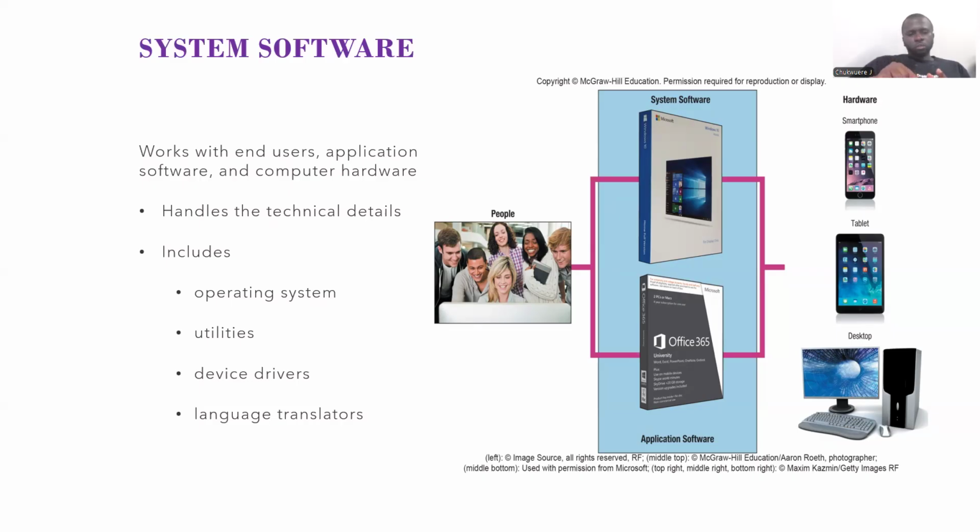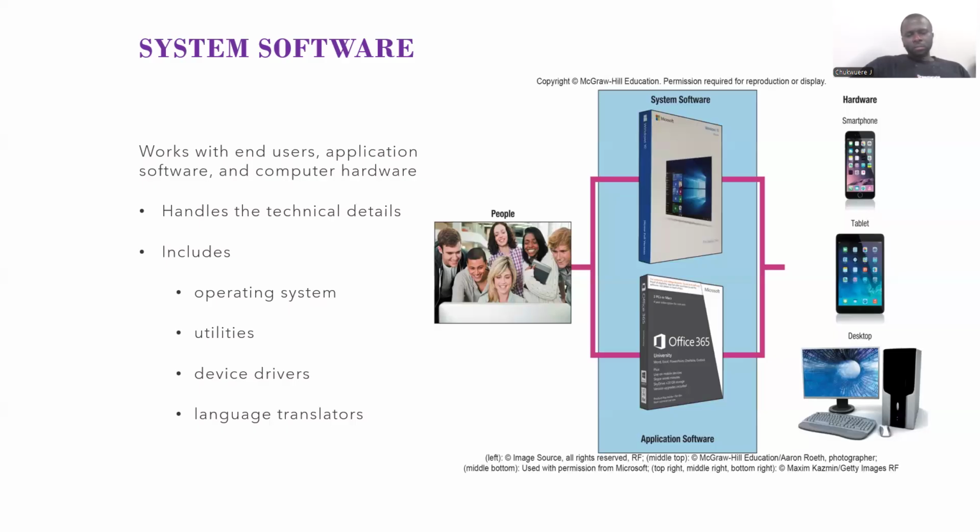It is what enables the application software, the end users' applications, to work, and it also enables the hardware to work. That shows you that without system software, nothing will work on a computer. And it handles the technical issues of your computer.